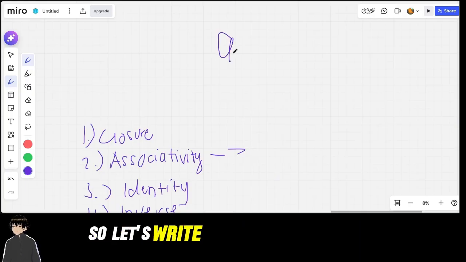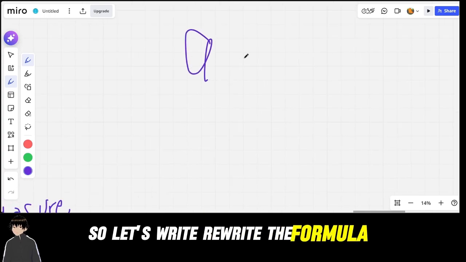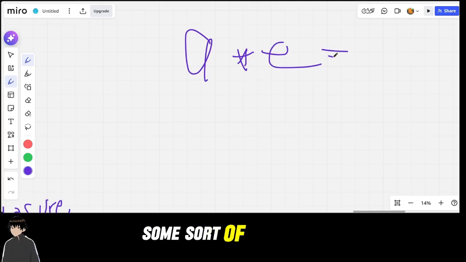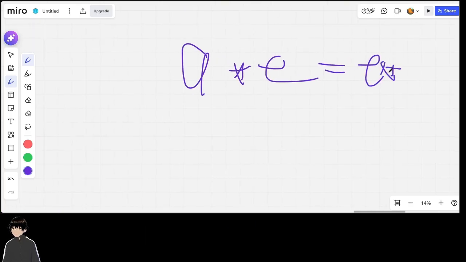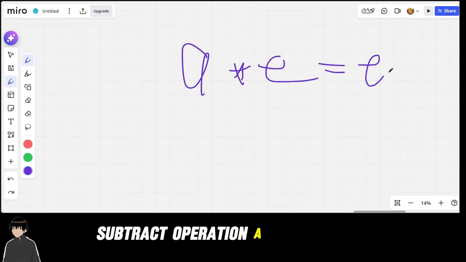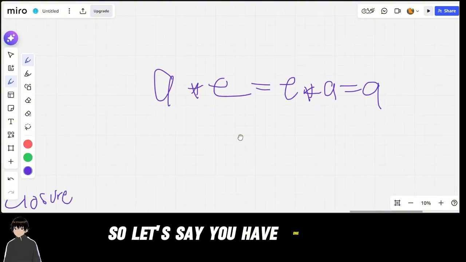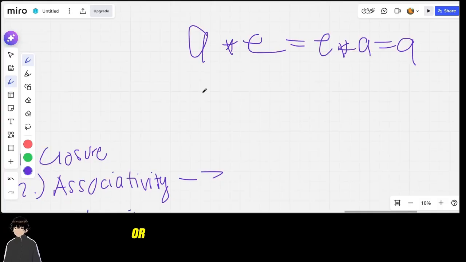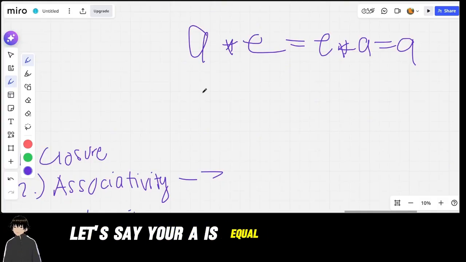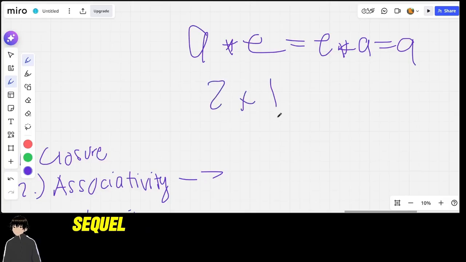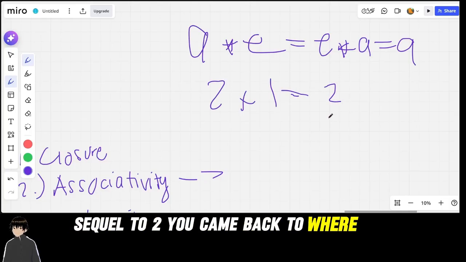So let's rewrite the formula. A in some sort of operation, E equals E, some sort of operation, A is equal to A. Let's change it up again. Let's say A is equal to 2. 2 times 1 is equal to 2. You came back to where you started.